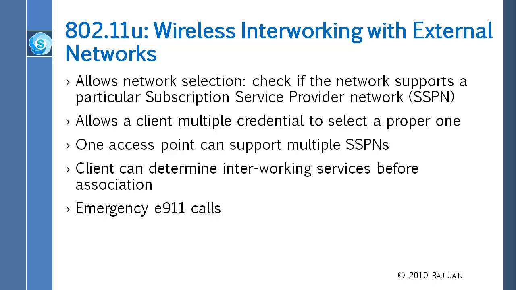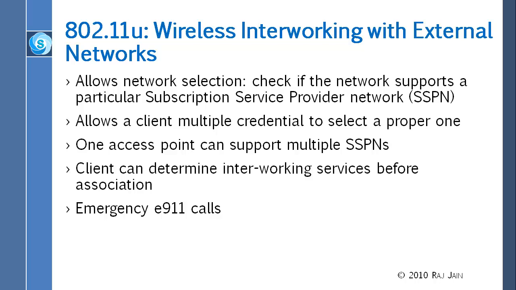Allows multiple credentials to select a proper one. So now you could say, well, I can select T-Mobile and Verizon, one of the two. So you have multiple credentials. One access point can support multiple SSPNs, which is a carrier, a service provider. Clients can determine interworking services before association.